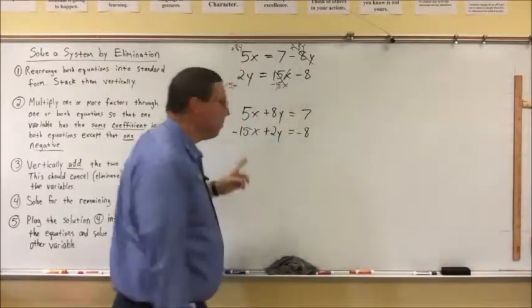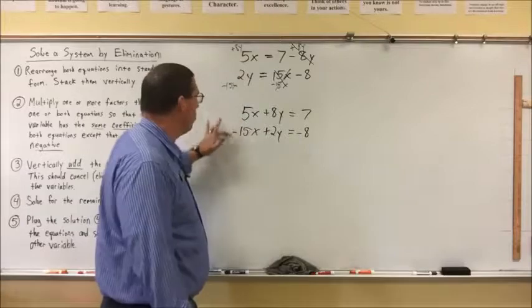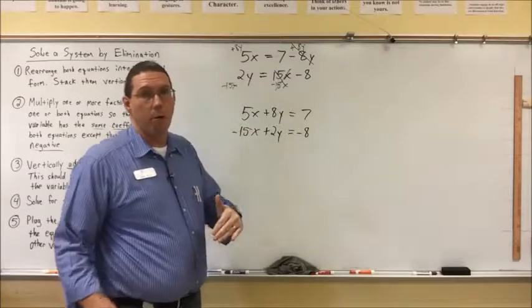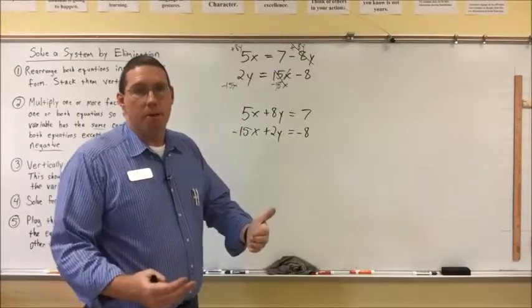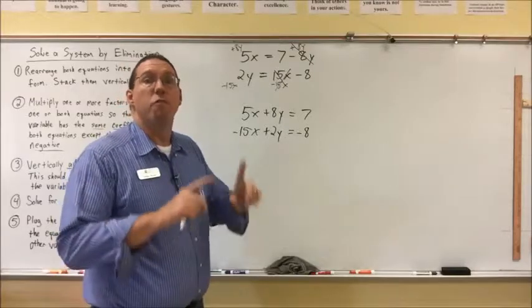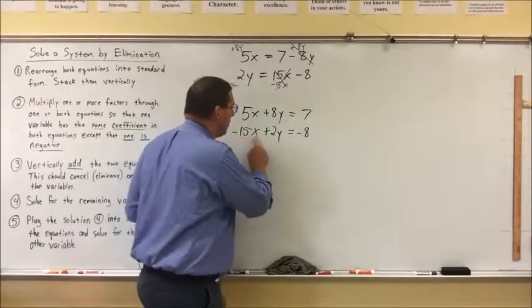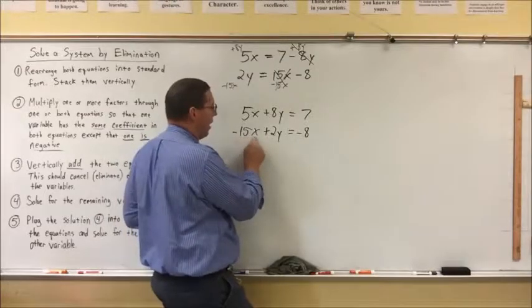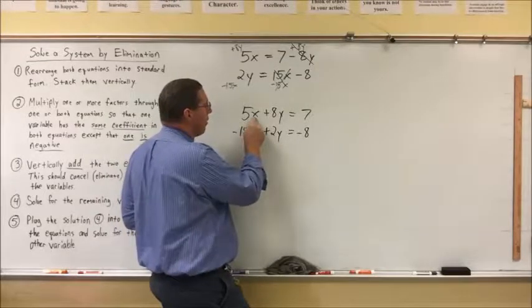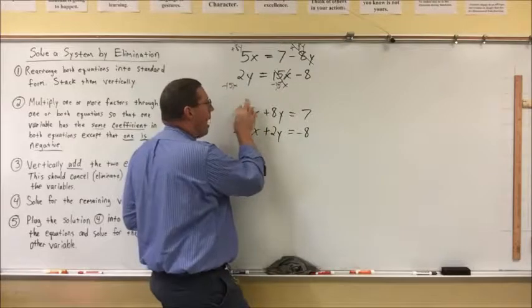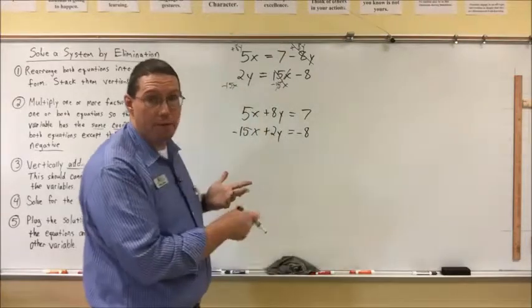I can multiply one of these two equations by a number and then make the number the same in front of one of the variables. So see how there's a 15 here with the x? It says negative 15x. What I would need in front of this x is a positive 15, but I don't have a positive 15.